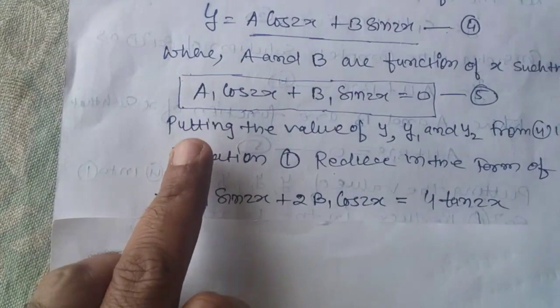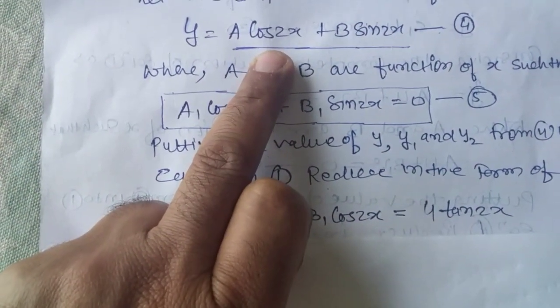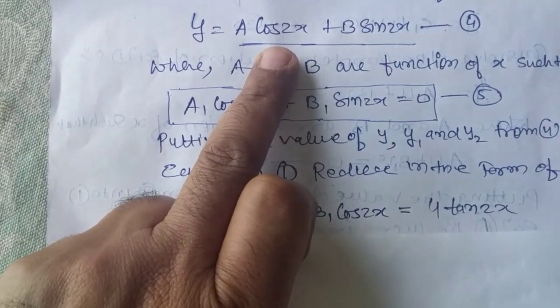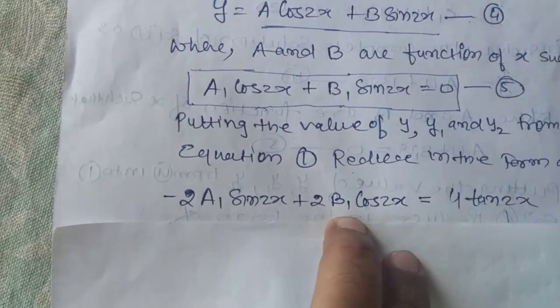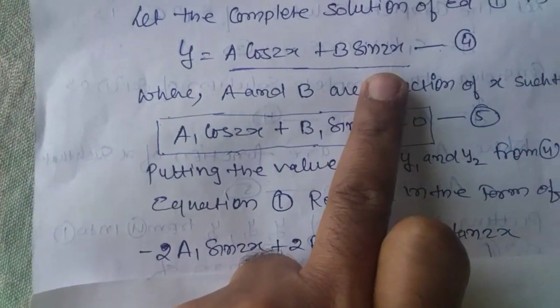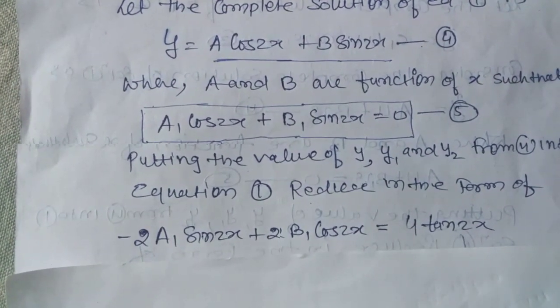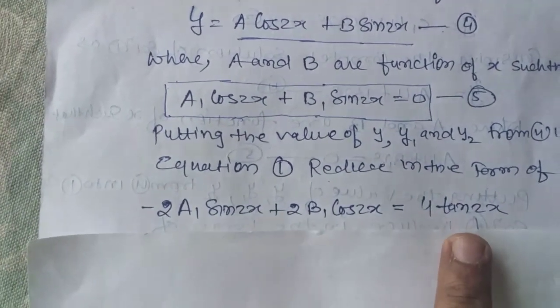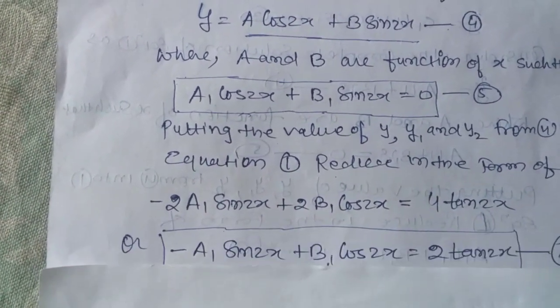Here u1 is the derivative of u, so the derivative of cos 2x is minus 2 sin 2x, plus B1 v1. What is v1? The derivative of v. v is sin 2x, so the derivative of sin 2x is 2 cos 2x, equal to r. So A1 u1 plus B1 v1 equal to r.